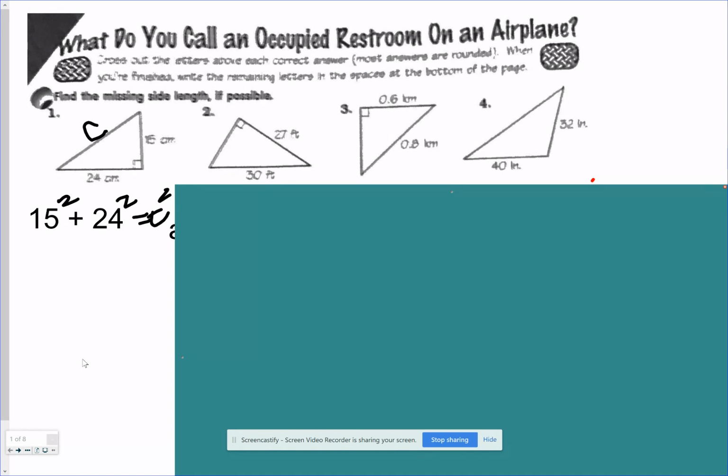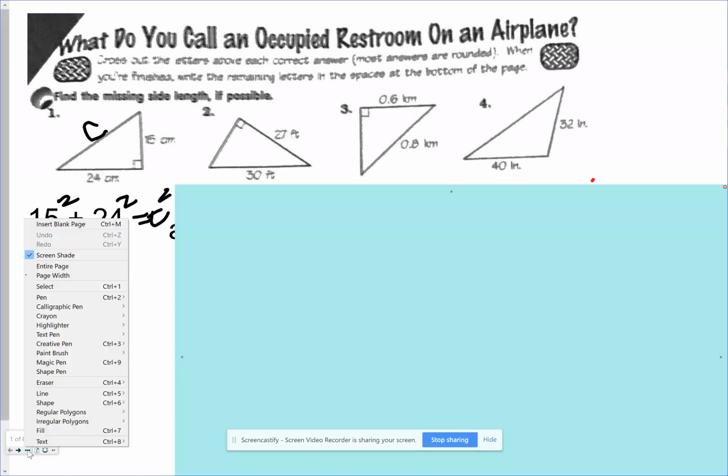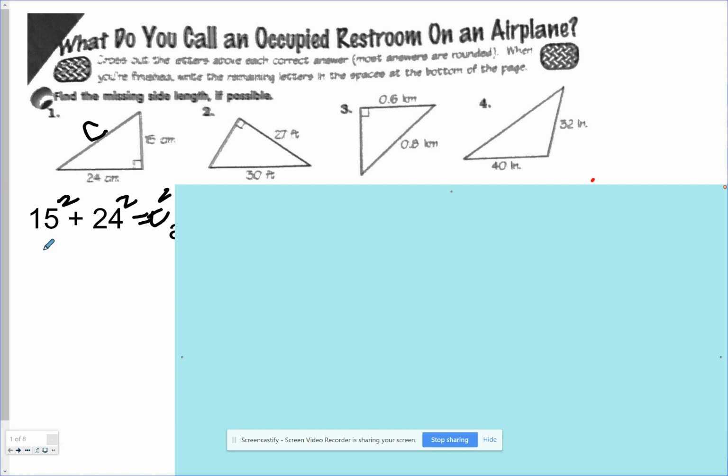All right, finding this first one, and I apologize, my copy's a little blurry here, but you have 15 for one leg and 24 for the other leg, which means you're going to add these two squares together. So you're going to take 15 squared and 24 squared. When you crank those out, this gives you 225 when you square that one.